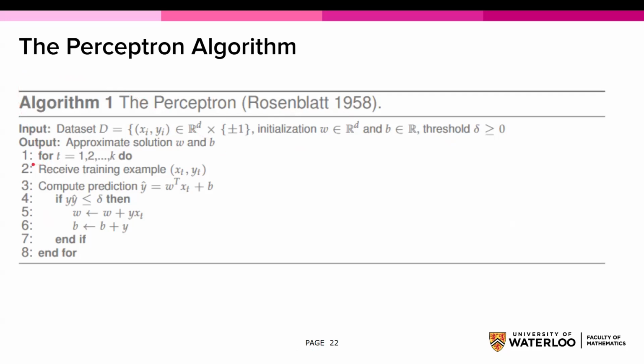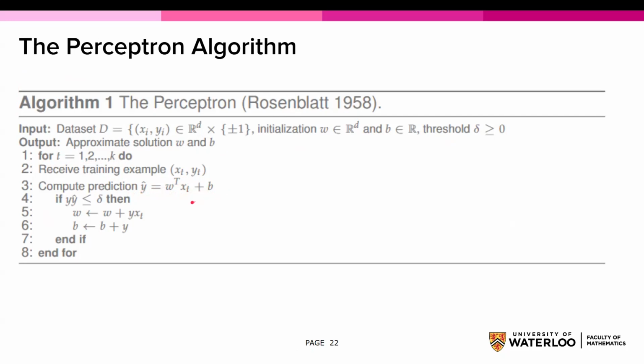And so to accomplish this, the perceptron algorithm moves from the initialization in parameter space to its final position over a number of discrete time steps, t is 1 to k. At each time step, then, it receives a training sample characterized by its feature vector xt and ground truth label yt. It computes the predicted label y as the inner product of the feature vector and the weight vector plus the bias.